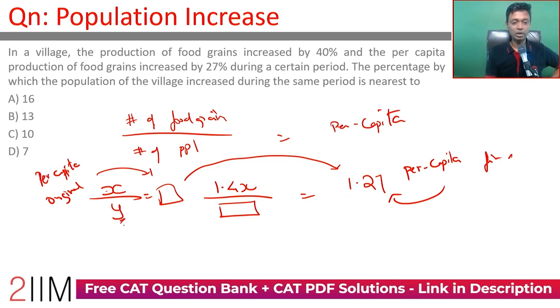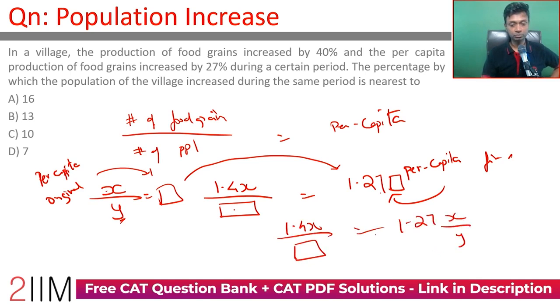So x by y equals some number. 1.4x by whatever this is, 1.27 times this number, or 1.4x by something is 1.27 times x by y, or this number we are looking for is 1.4 by 1.27 times y.